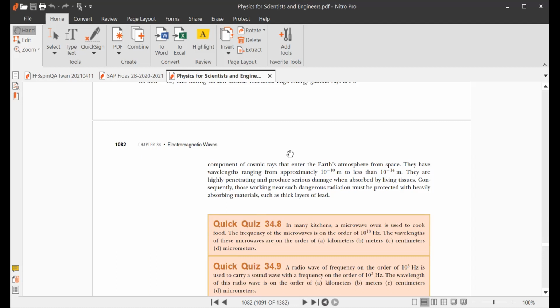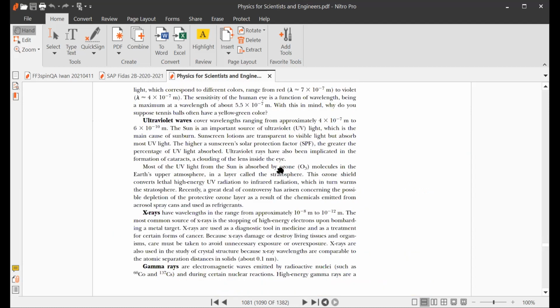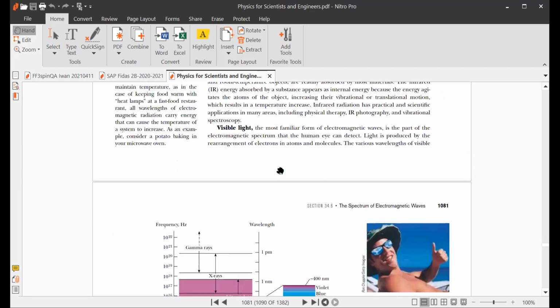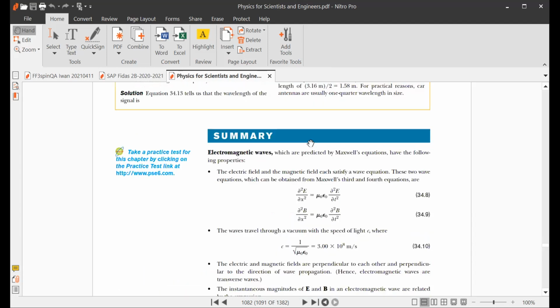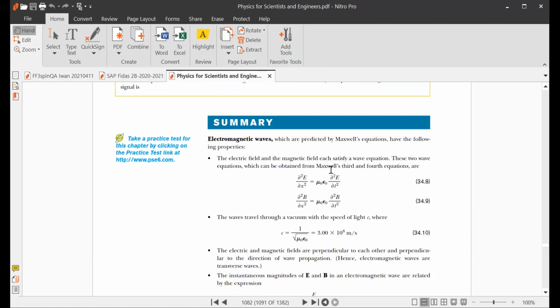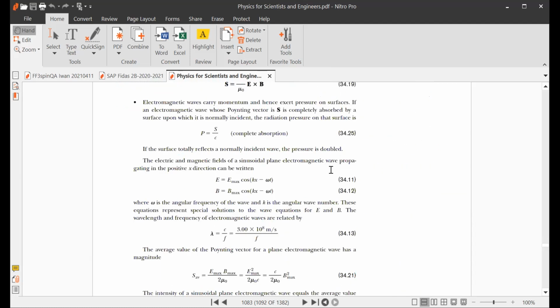Any question about the spectrum of electromagnetic waves? Any question? No question. Okay, let's continue. It's already finished this section. Is there any question?